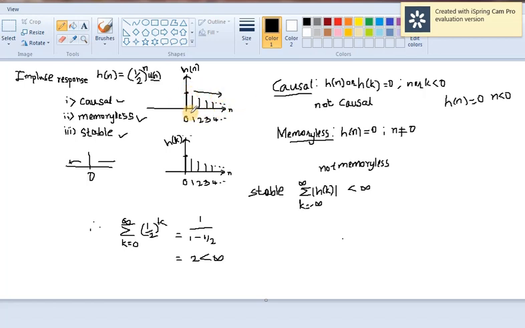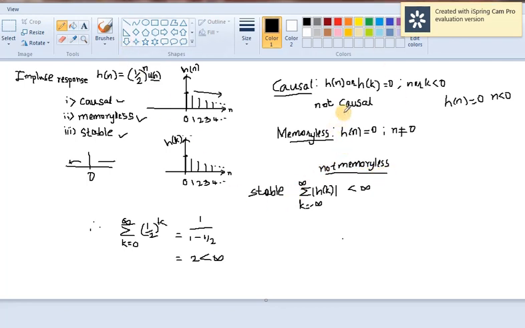So we get terms like x of n, x of n minus 1, x of n minus 2 and so on. Means it is having memory because it is having x of n plus x of n minus 1, x of n minus 2 and so on. So this condition is failed. So our system is not memoryless.